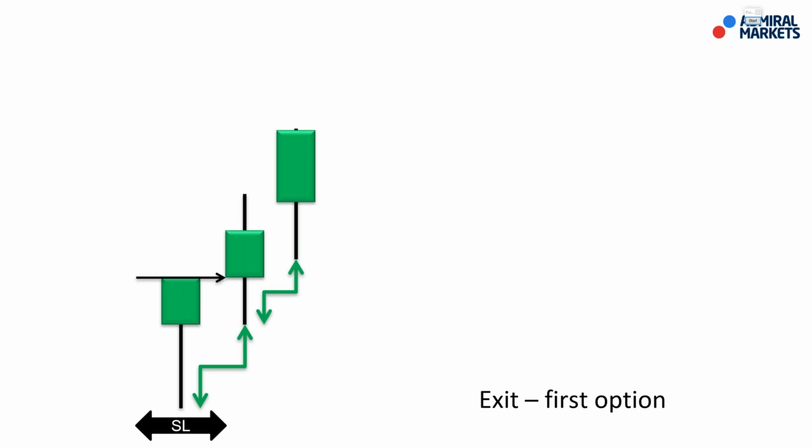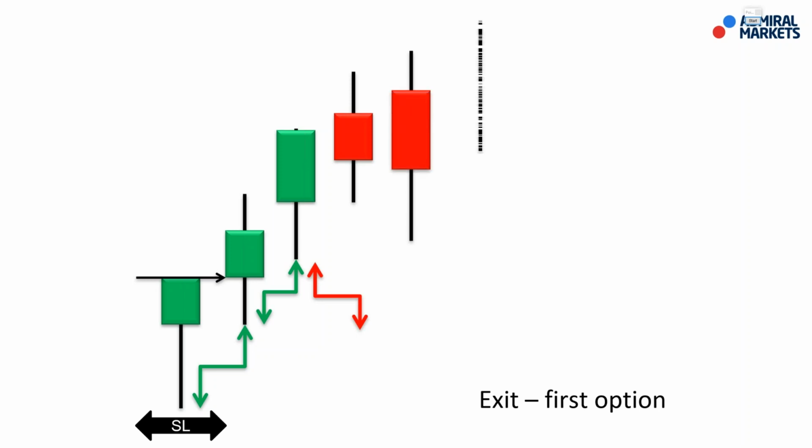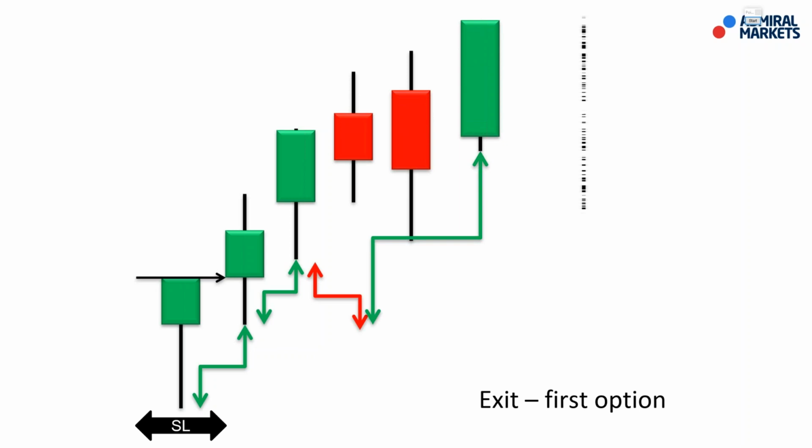Next, how you can make your exit in this setup. There we have two options. The first option is this one. So this is our stop guide. You can see inside, you have to pull back. Then it stays, and now you can follow the next green candle.